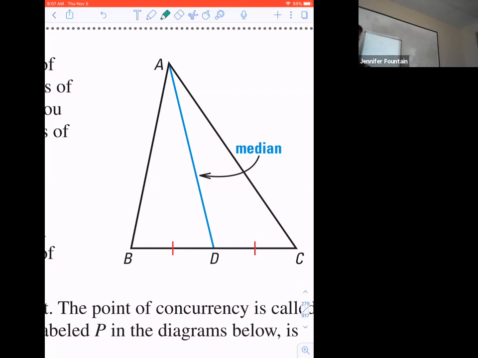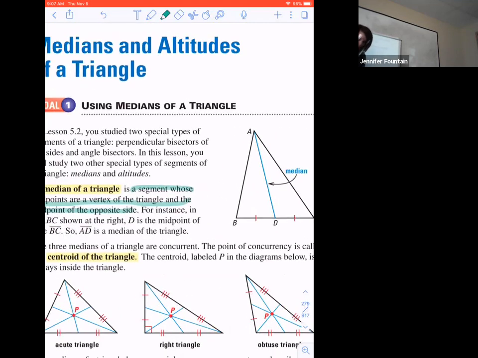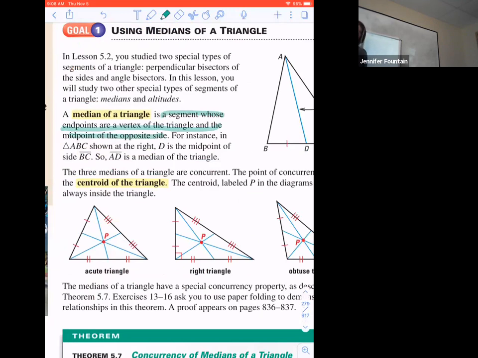Okay, it's going to go to the midpoint. Now remember, earlier we didn't necessarily worry about whether or not my bisectors crossed over at a midpoint. We could not necessarily know that it was going to break a side into two equal pieces. But a median of a triangle starts at the vertex and touches a point on a side at its midpoint.